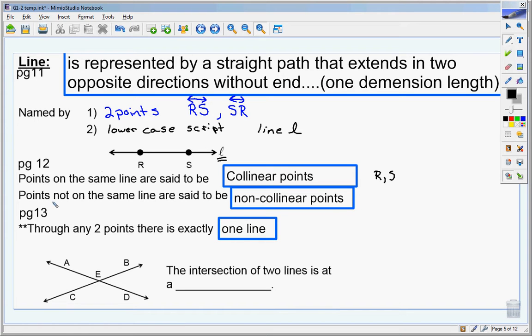Points that are not on the same line are simply said to be non-collinear. If I put a point somewhere up here, I could say that R, S, and A would be non-collinear points.